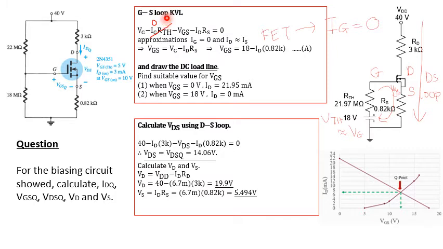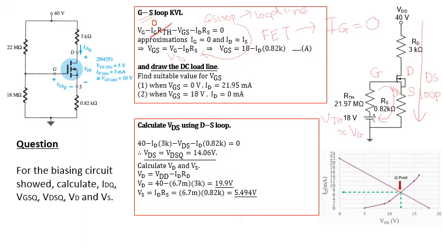Remember, whenever you want to draw the load line, always refer to the GS loop to indicate the load line. From the formula at the GS loop, VGS equal to VG, or you can put VTH, minus ID RS.